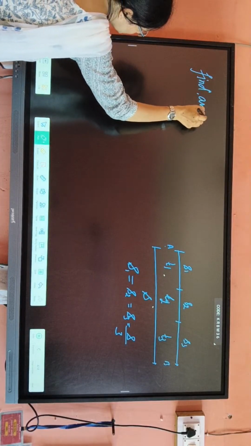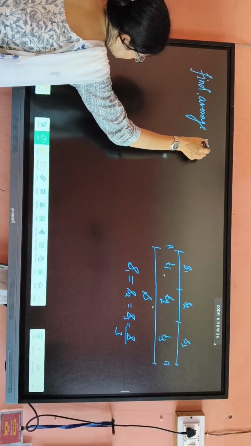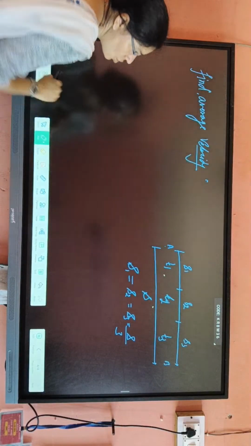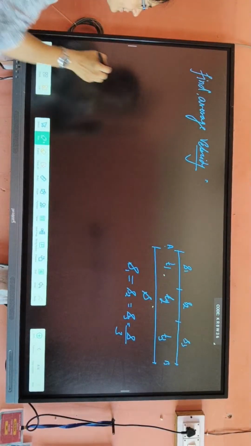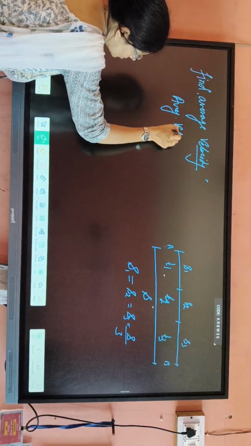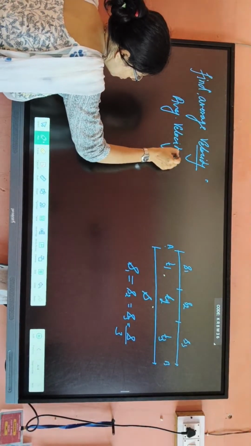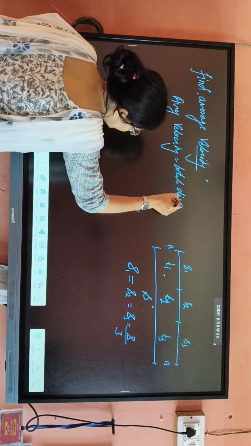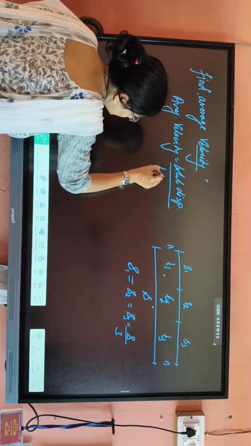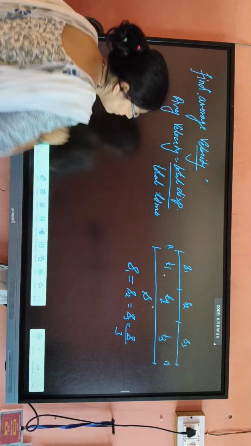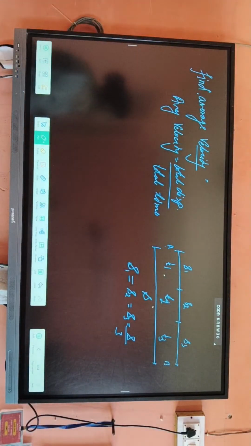Find average velocity. Clear? So how can we find average velocity? Average velocity we know here: average velocity will be equal to total displacement by total time.